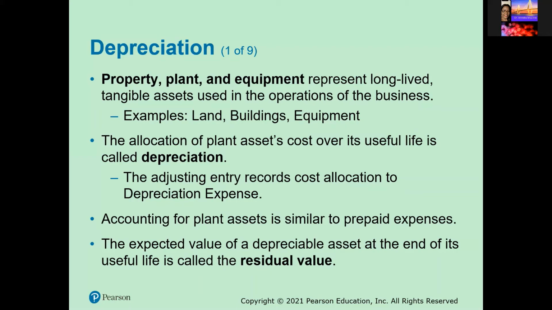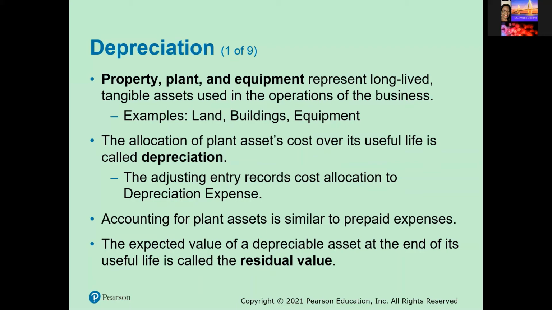The prepaid adjustment for plant asset, again, is called depreciation. The expected value of a depreciable asset at the end of its useful life is called the residual value.